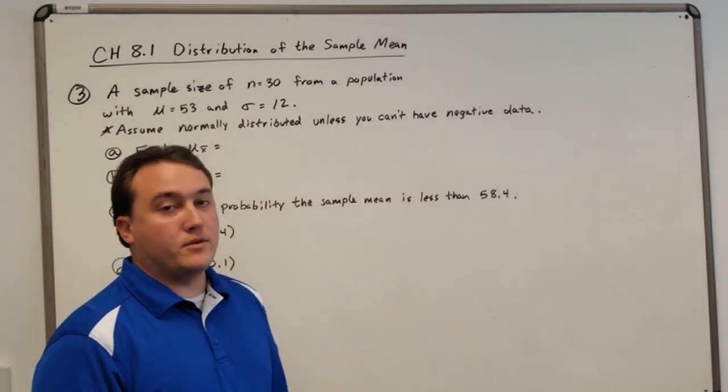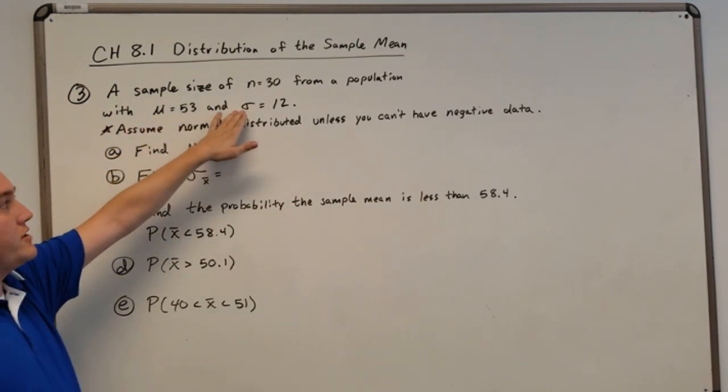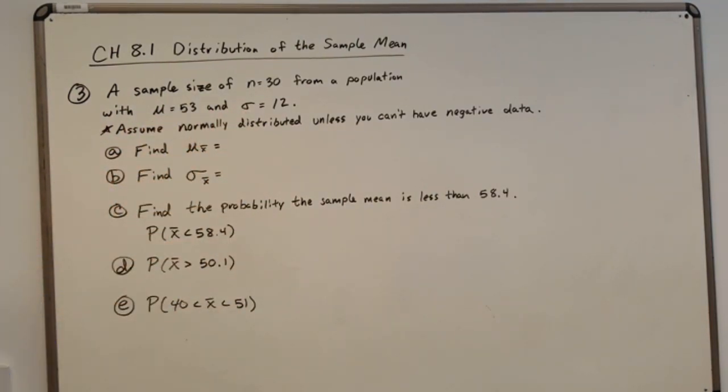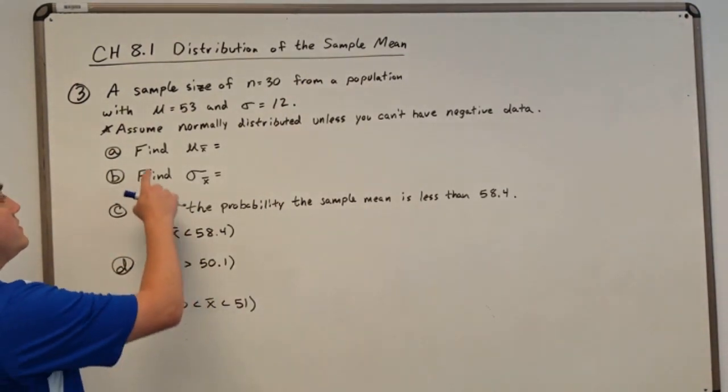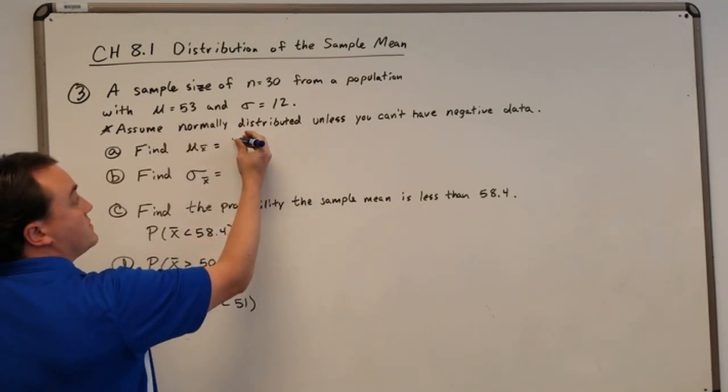Okay, so now we're going to build on the concept I just taught. So say we have a sample size of 30 from a population with a mean of 53 and a standard deviation of 12. So we're going to find a little bit more information about what's going on here. The mean is still going to be the same, 53.